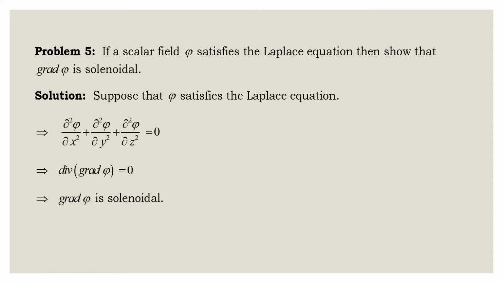Since the divergence of grad phi is 0, we can say grad phi is solenoidal. But we have to remember the given condition that the scalar field phi satisfies the Laplace equation. So, grad phi is a solenoidal vector field provided phi satisfies the Laplace equation. We are done.